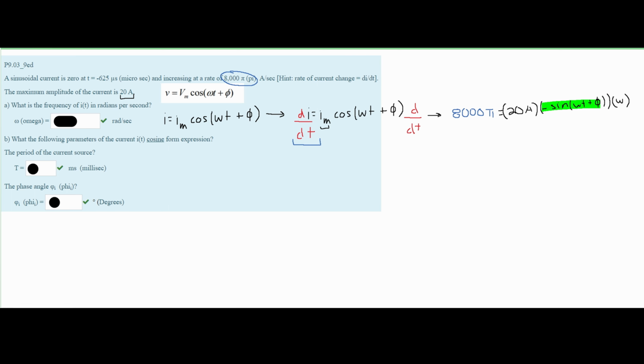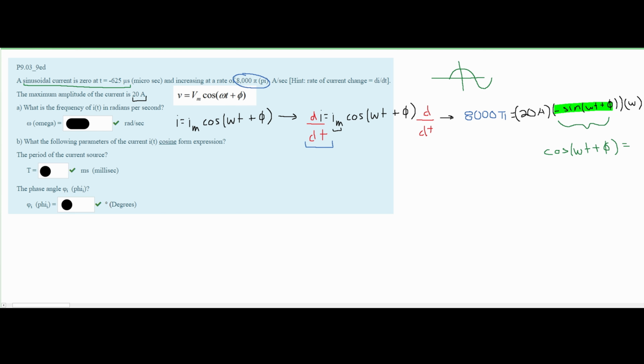We know a sinusoidal current is 0 at t equal to negative 625 microseconds. And we know our sinusoidal current is like a cosine, where we have our wave like this. Here, we're going to have our cosine with our omega t plus the phase shift, and this is going to be set equal to 0.